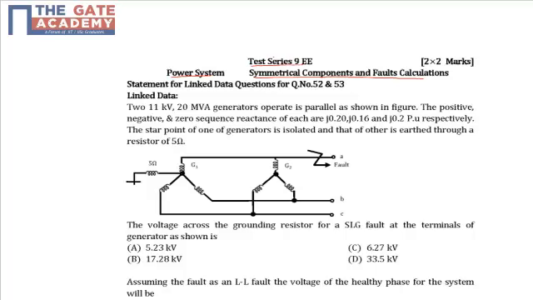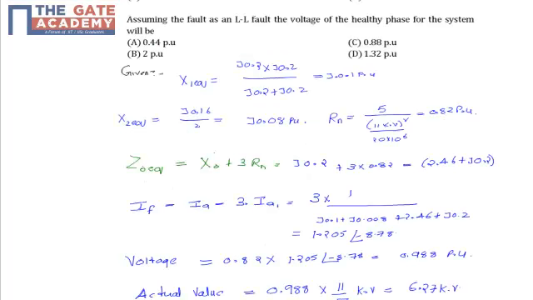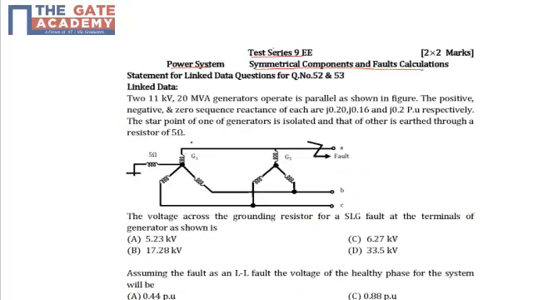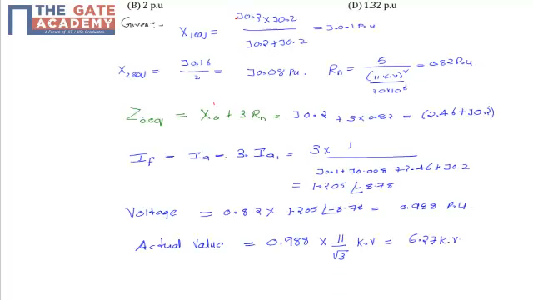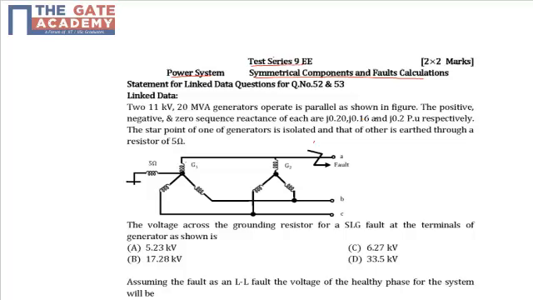First we will calculate the value of x1 equivalent, which is equal to j0.2 into j0.2 divided by j0.2 plus j0.2. The given positive, negative and zero sequence reactances are j0.2, j0.16 and j0.2.